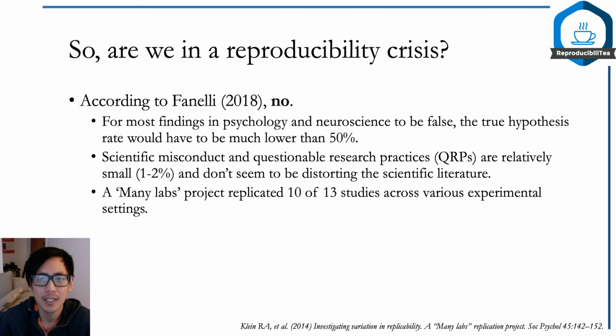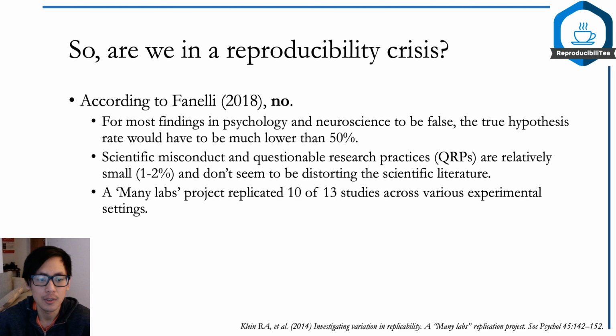So does that mean we are in a reproducibility crisis? Well, according to Fanelli 2018, no. For most findings in psychology and neuroscience to be false, the true hypothesis rate would have to be much lower than 50%. We don't have an idea what this actual value is, but what this might entail is that we have good theories.